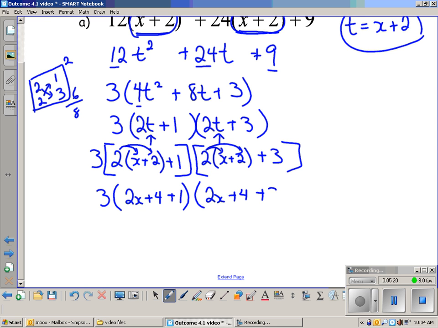And I have plus 3 being added on. I don't want to multiply this 3 back in because then I'm going to end up back where I started from. I just want to simplify inside the brackets. So I have 3 times 2x plus 4 plus 1 is plus 5. And 2x plus 4 plus 3 is plus 7. There is my factored form for that question.